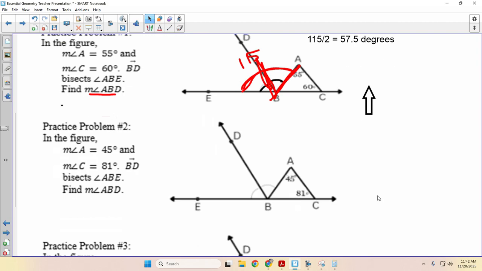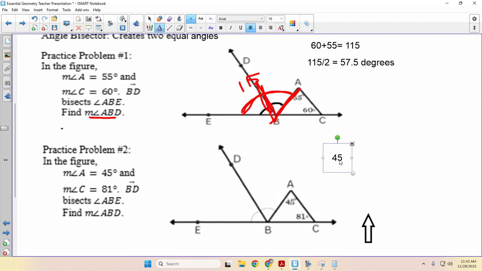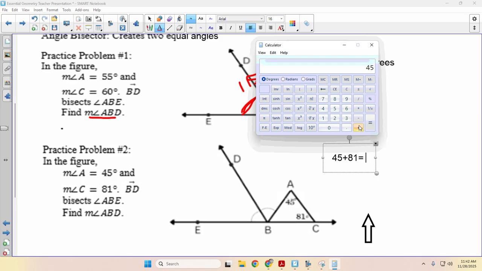Okie dokie, let's see if we can do that. We'll do a practice problem here. Okay, so we're going to add these two angles together. We got our 45 plus our 81. We're going to bring our calculator into this. 45 plus 81, so 126.